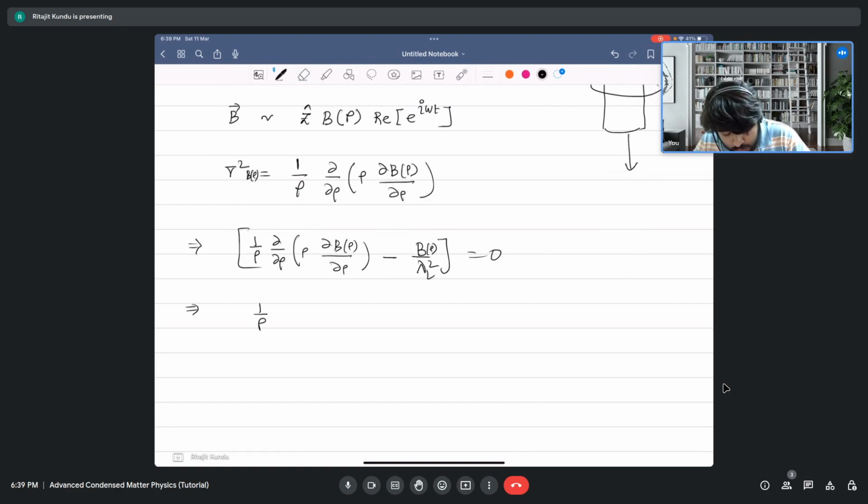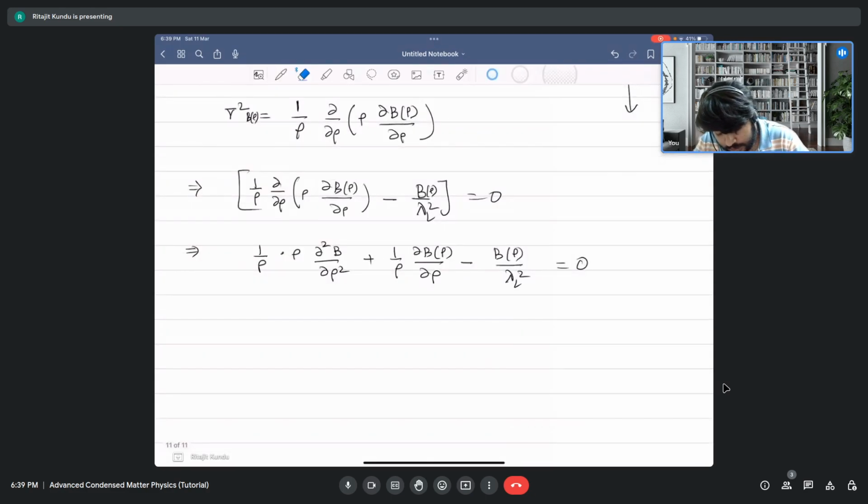This is 1 by rho times rho d2B by d rho squared, plus 1 by rho dB by d rho, minus B of rho by lambda L squared, is equal to 0. In the first term the two rhos cancel each other, so I'll just remove those.